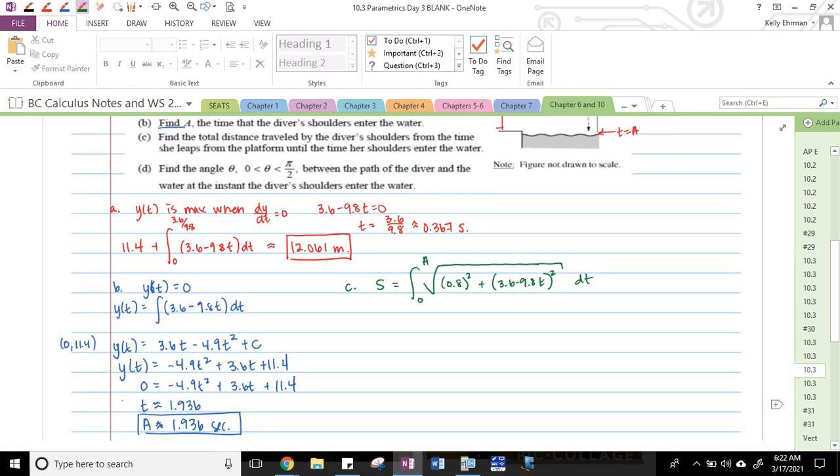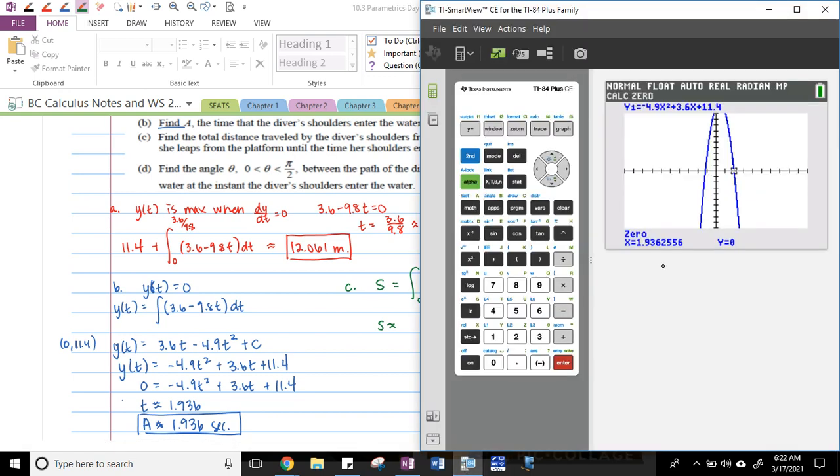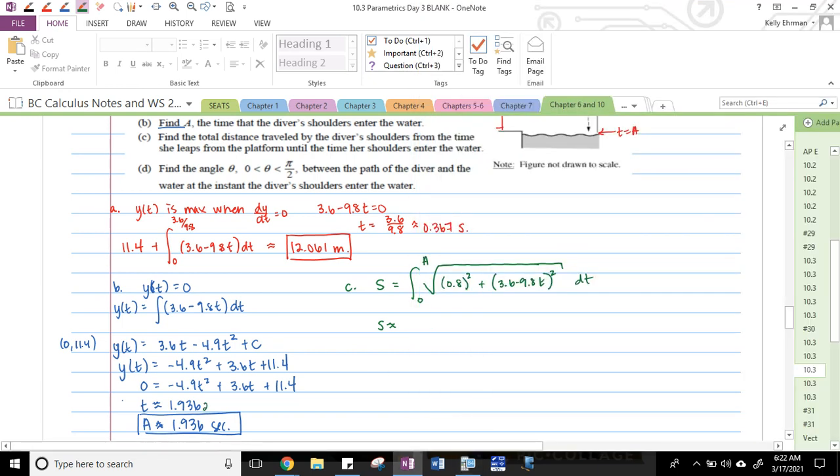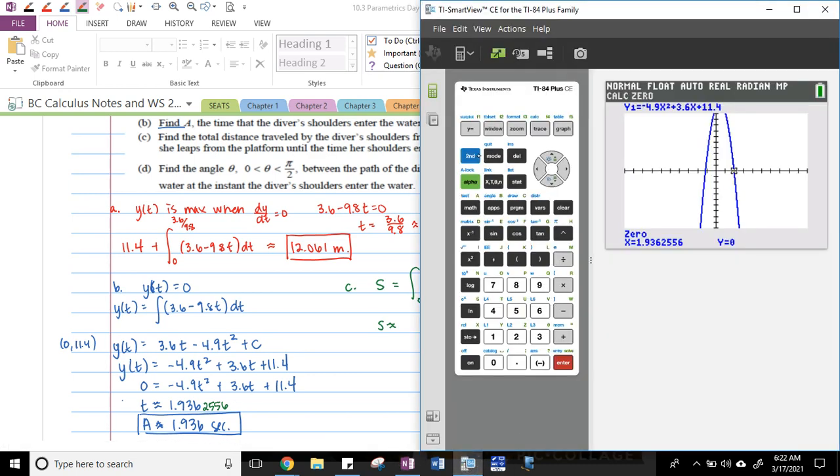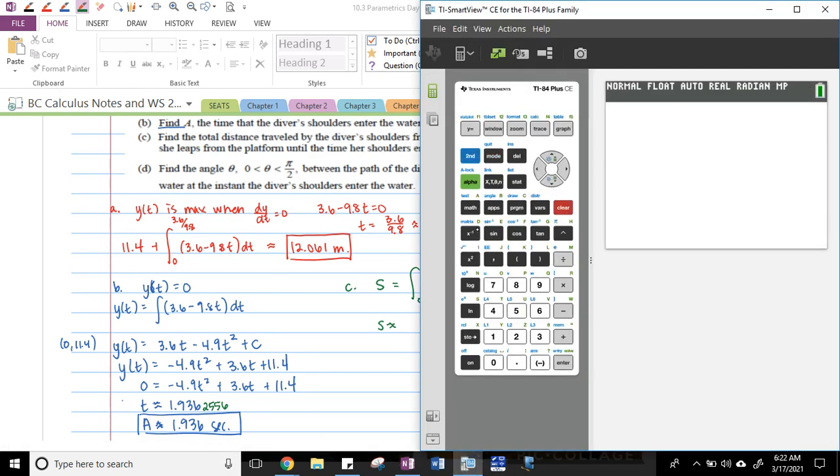All right, and then I'm going to use the calculator to see what this distance is. So, I better write this down: 1.936256, because I want to put in the whole value for my integral.